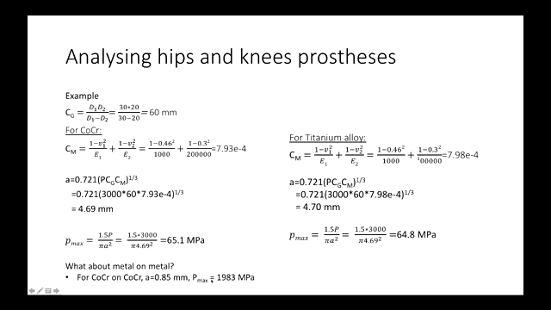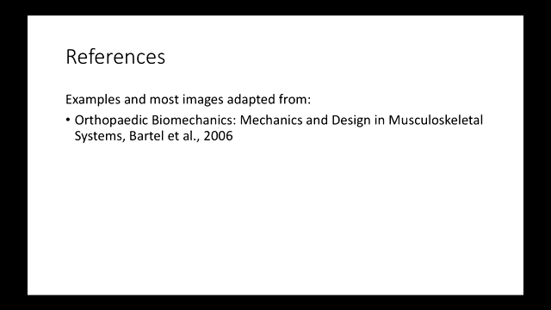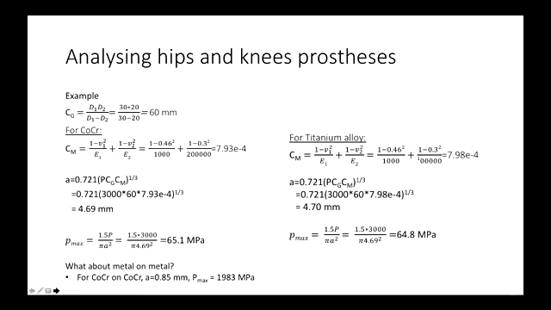We've got a pressure of 2,000 megapascal, which is enough to cause yielding easily. I'm not going to go through the titanium; I think you get a similar answer. So that shows why you don't usually do metal on metal contact.